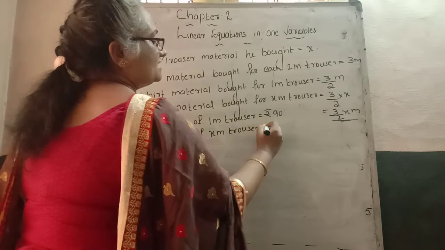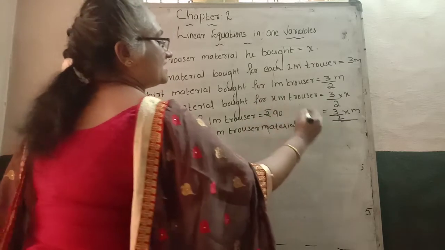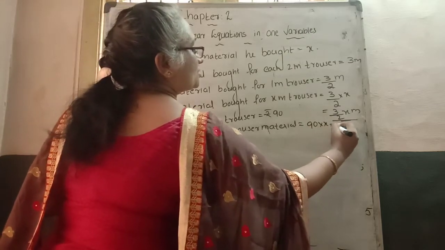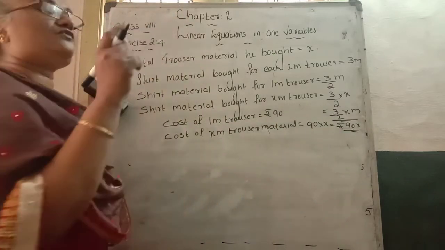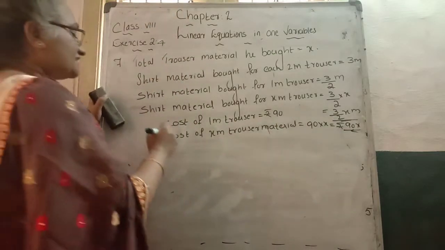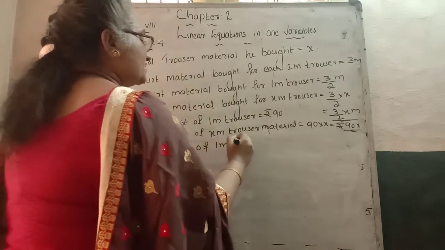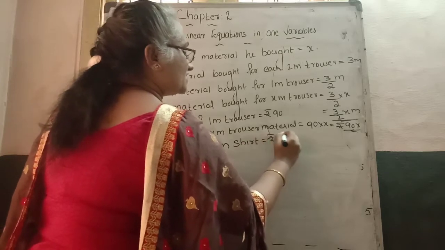Here 1 meter is 90 rupees, so x meters means 90 into x, which is rupees 90x, the total amount for trouser material. In the same way, the cost of 1 meter of shirt is 50 rupees.